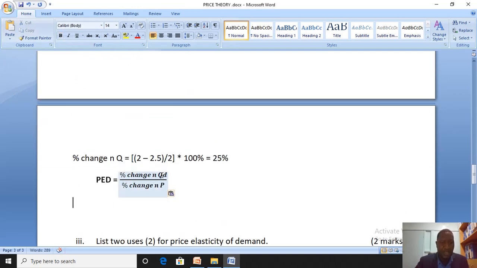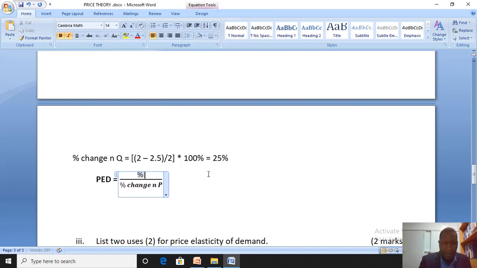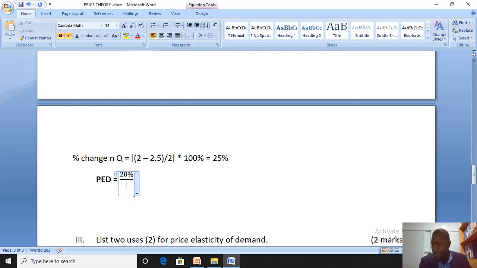The percentage change in quantity demanded that we calculated is 20%, divided by the percentage change in price, which is 25%.